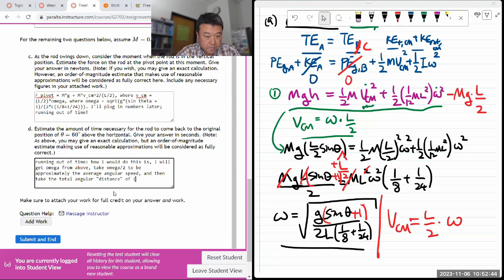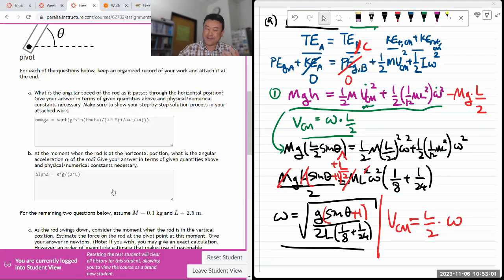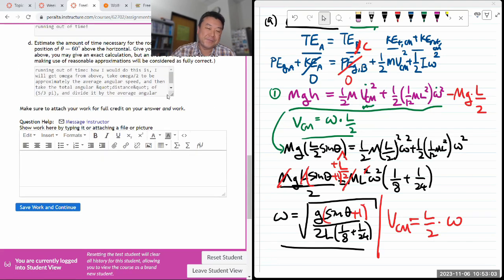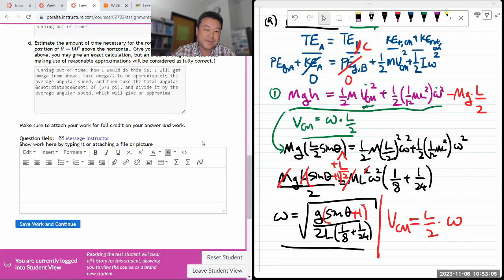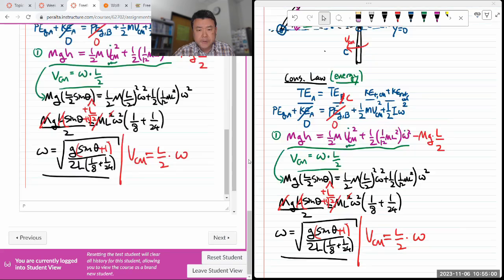So that's gonna be 5/3 pi. Take that distance and divide it by the average angular speed, which will give an approximate amount of time. All right. So let me wrap this up.